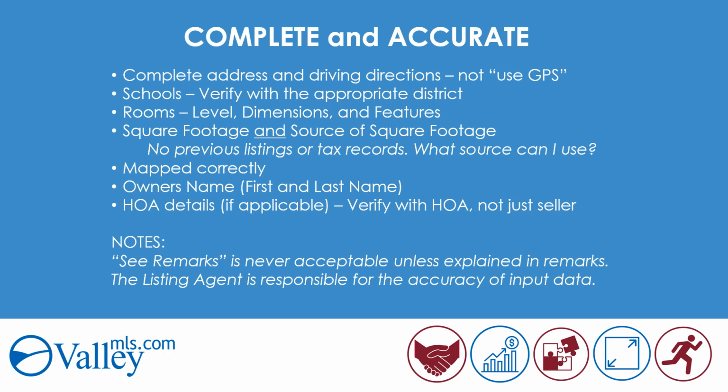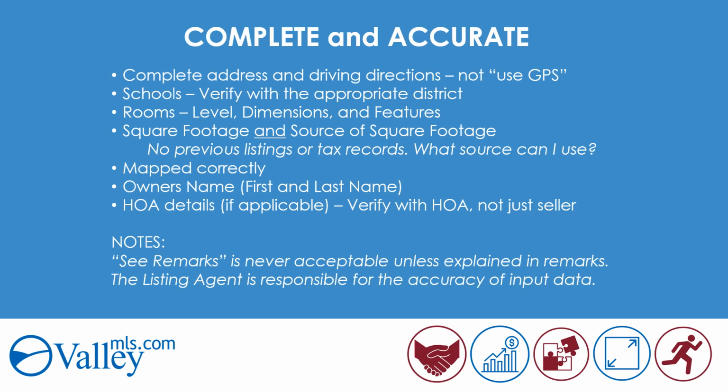Making sure that the listing is mapped correctly. So you have the ability to go into listing maintenance and make sure there's a pin on that particular map that it's in the right location. We also want to make sure the owner's name, first and last name, are included in the listing. HOA details, if applicable, are important to have in detail, which verifies the HOA and not just the seller's name.